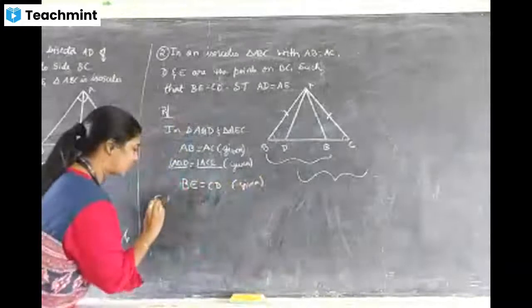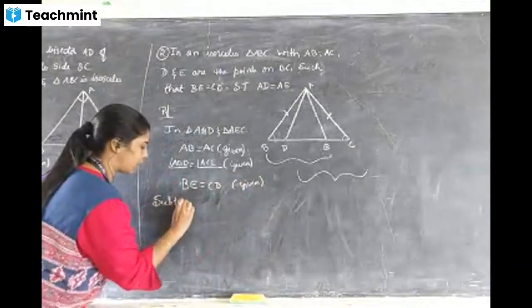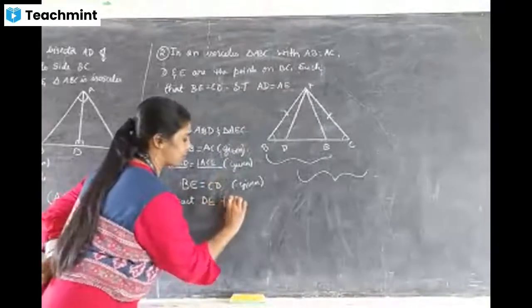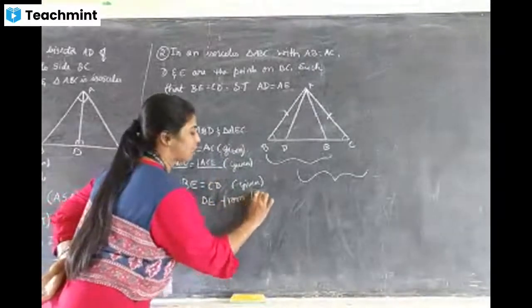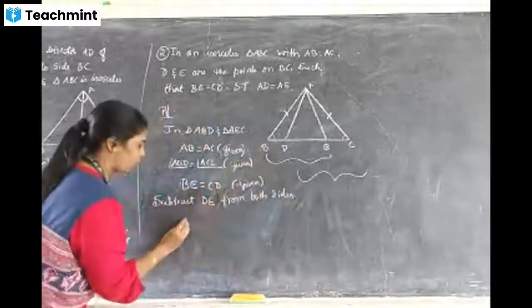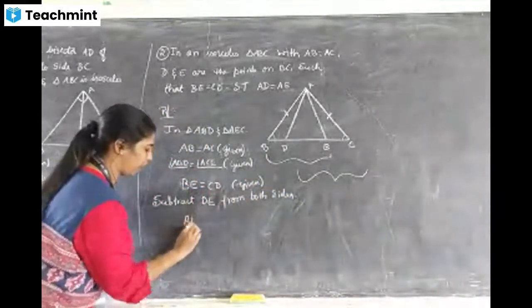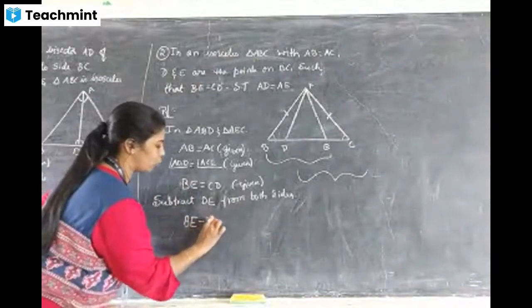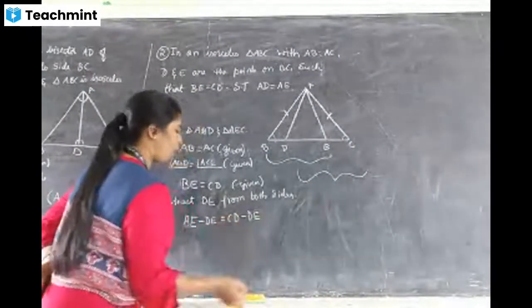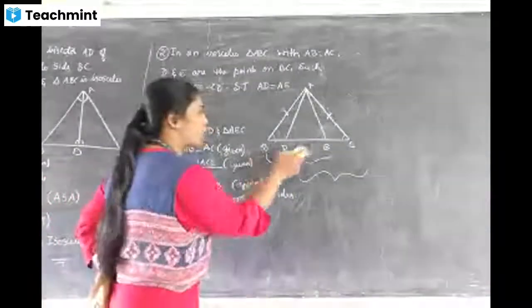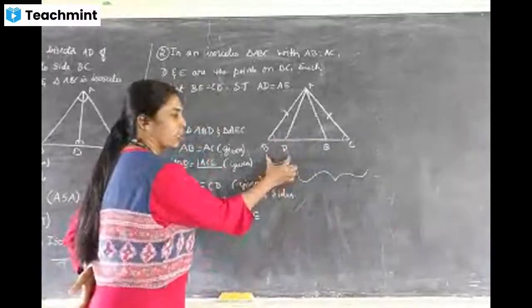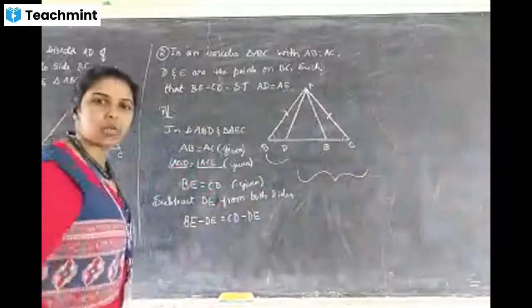In that subtract DE from both the sides. BE minus DE is equal to CD minus DE. If I remove DE from BE, remaining is only BD.